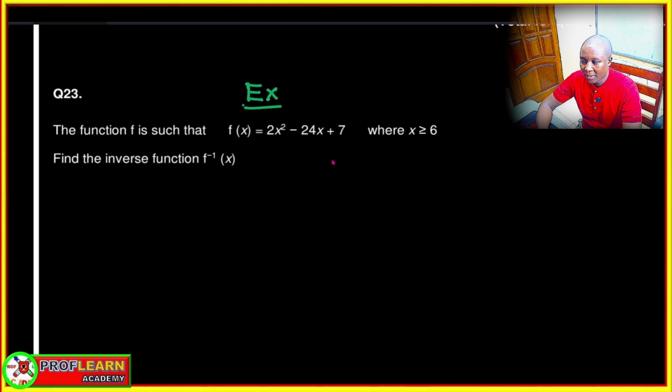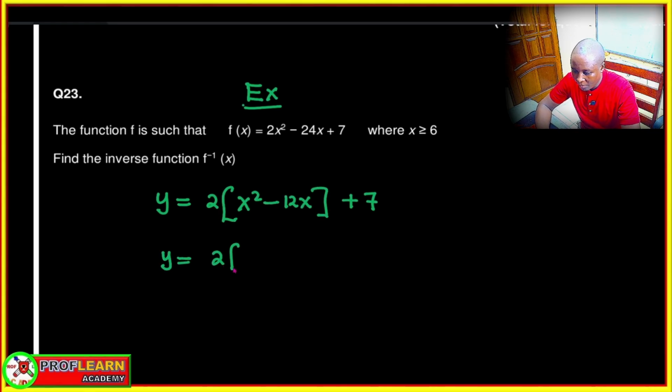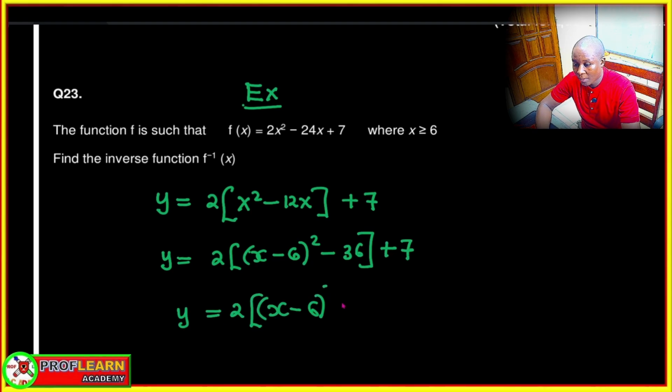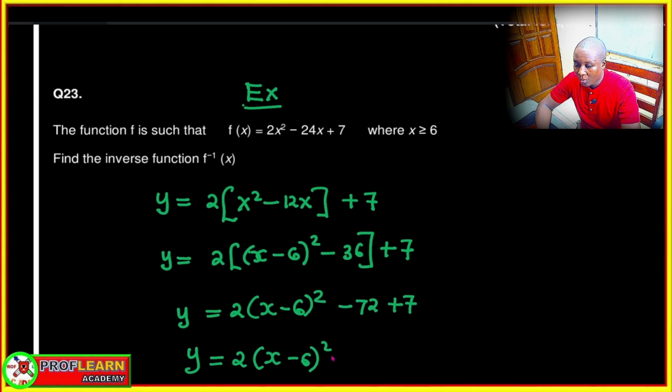Okay, question number 23 is also an exercise, but I'm going to take you step by step on how you are supposed to go about this. We are going to complete the square. Whenever you are told to find the inverse of a quadratic function, first complete the square the way I took you through in the previous section. Once you have completed the square like this, we can switch x and y.